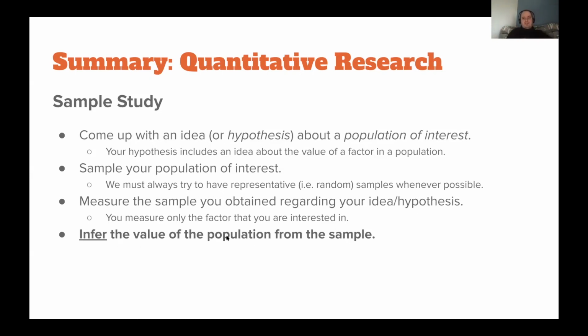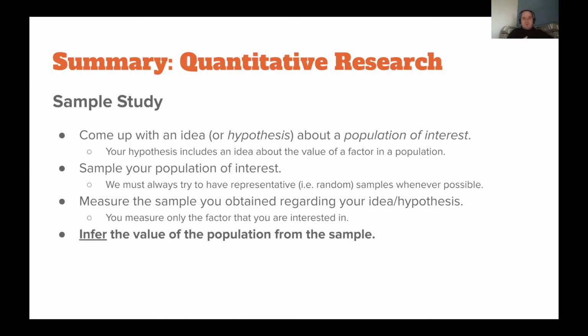And at the last step, you infer the value of the population from the sample. So it's very important to understand that this last step is always involved. There's always some error involved here. We're making an inference. We don't know if the actual population value is related or not to the value that we've just measured.